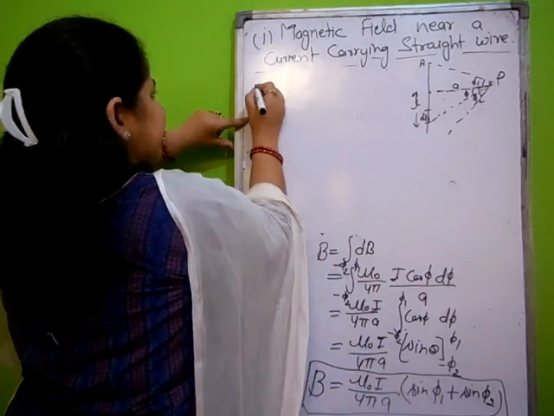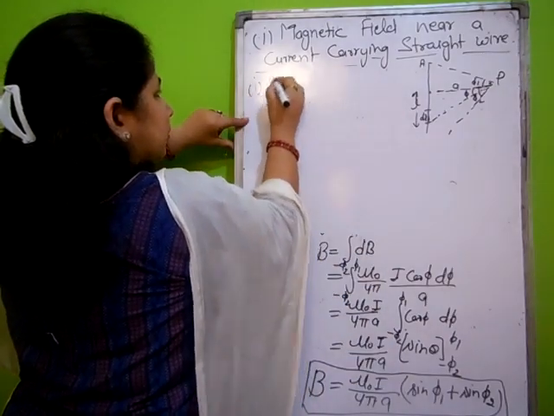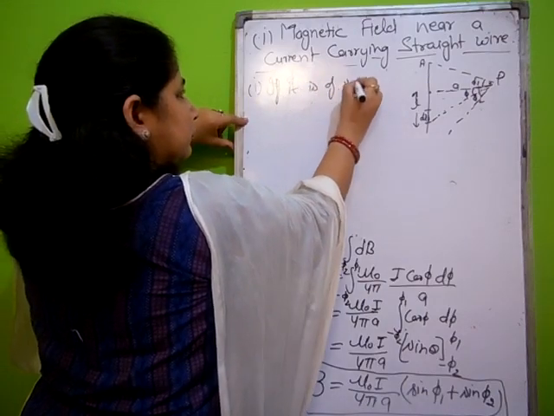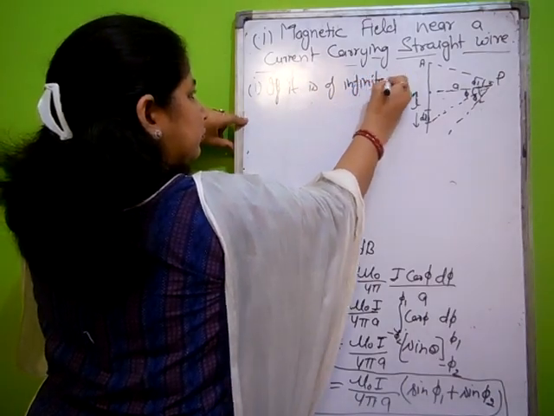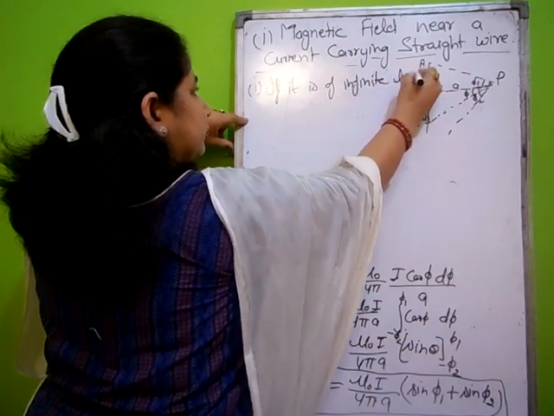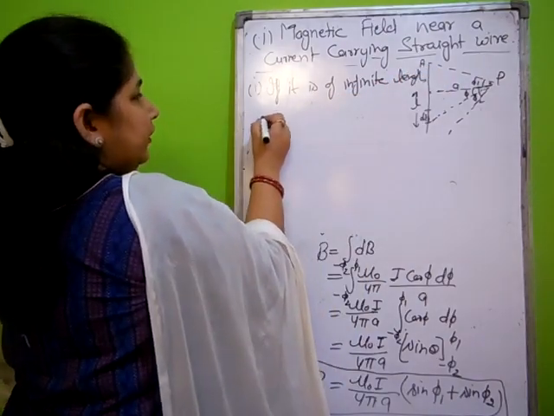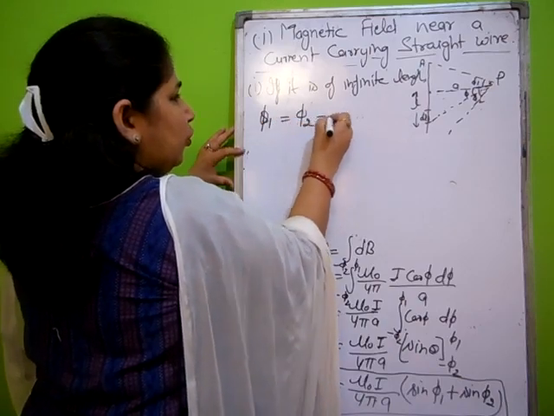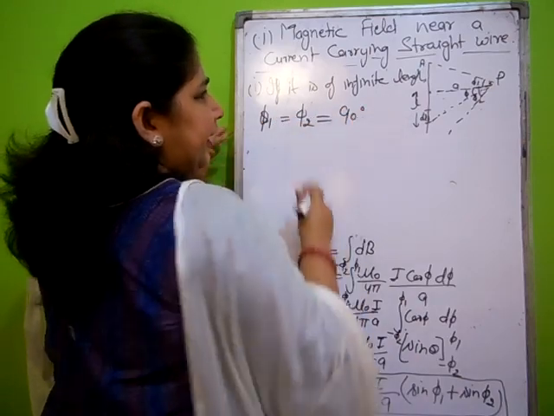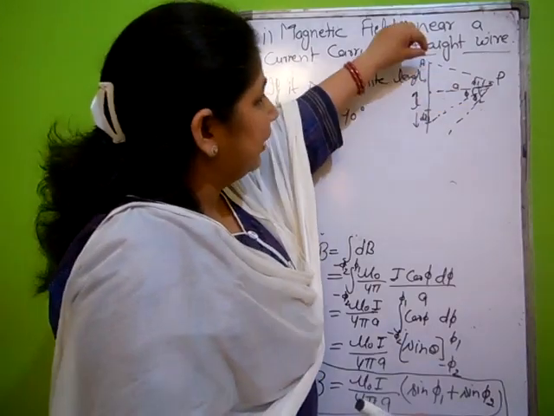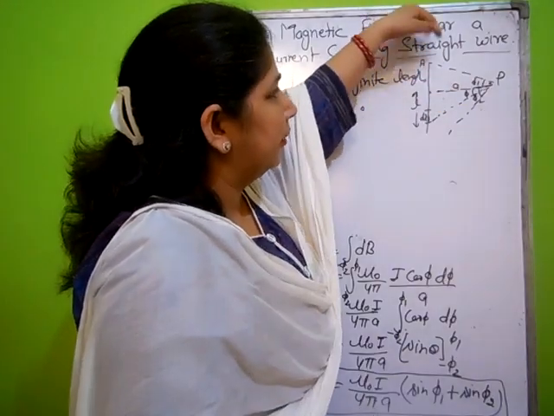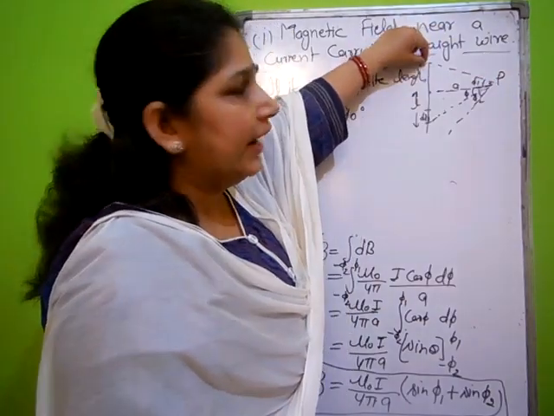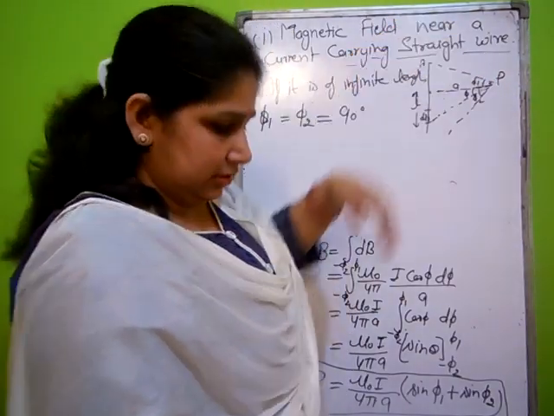If the conductor is infinite, then phi 1 is equal to phi 2 is equal to 90 degrees, as if this point will increase, the angle between the perpendicular line and this end will increase.